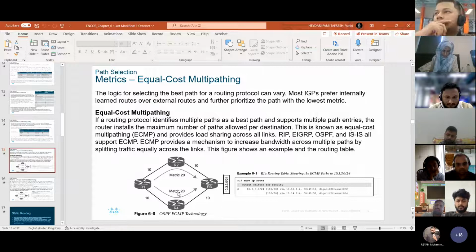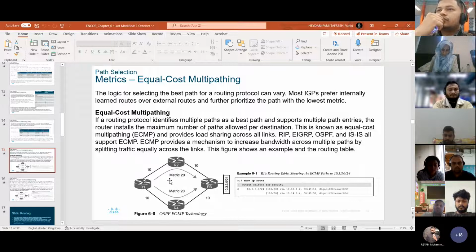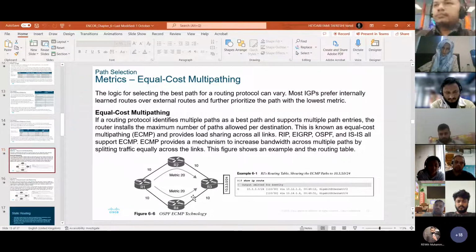When I have equal metric values, I am able to send 50% of the traffic this way and another 50% of the traffic that way. So in fact, this provides me a mechanism to increase my bandwidth across multiple paths. I don't necessarily need to send all the traffic this way or that way. I can use multipathing, but with equal metrics, I'm going to use equal cost multipathing, sending 50% of the traffic that way, another 50% of the traffic that way.